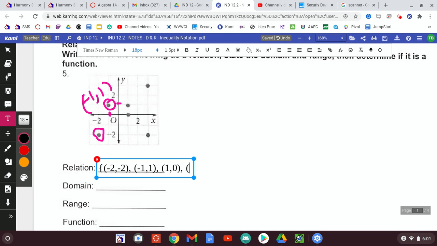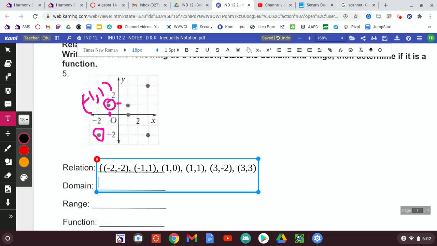And then next we have the point right here, which is 1, 1. So 1, 1. And next we have, doesn't matter which one we do first, the point 3, negative 2. So 3, negative 2. And then last is this point up here, which is the point 3, 3. All right, so I have listed my relation, okay?